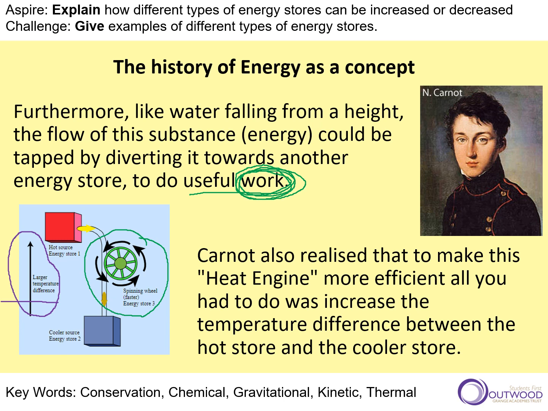And the reason being is because you've got a larger temperature difference between source 1 and source 2. Because you've got a larger temperature difference between those, the flow of energy, or the flow of this substance, would be quicker, therefore spinning the wheel quicker. And it's this diverting towards another energy store to do useful work, which is what effectively the steam engine used to do.